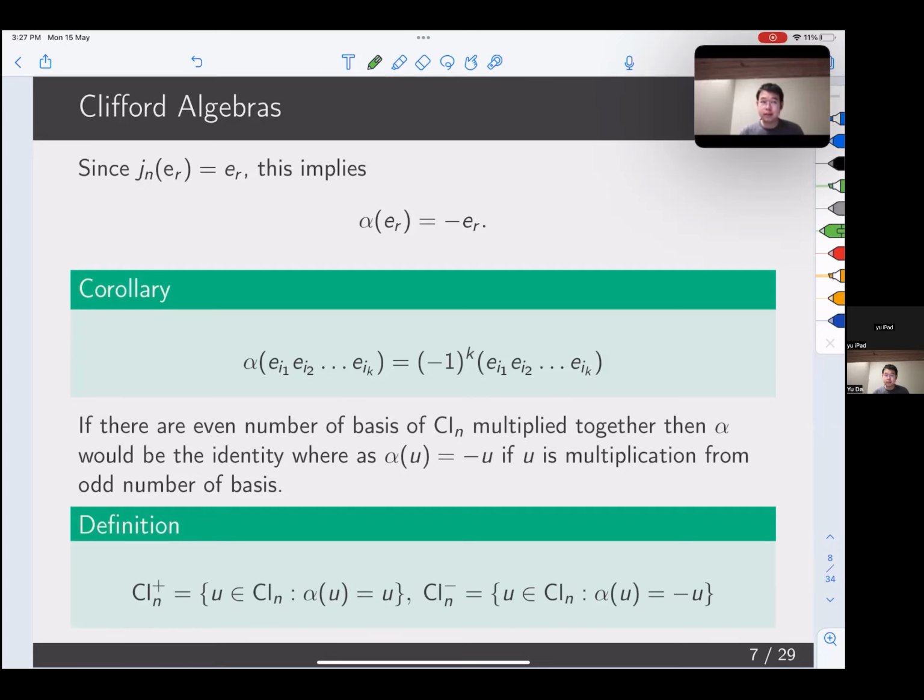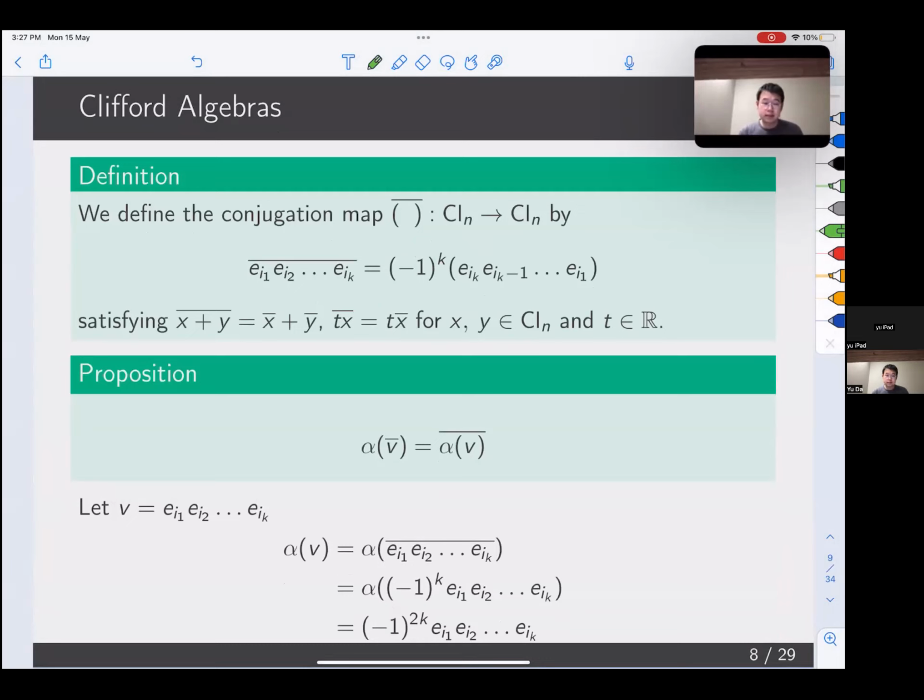And if we have an odd number of bases multiplied together, we'll pick up a negative sign after alpha. So we can define Cl_n plus as the set of u where after alpha we still get back u, and Cl_n minus as the set where after alpha we get negative u.